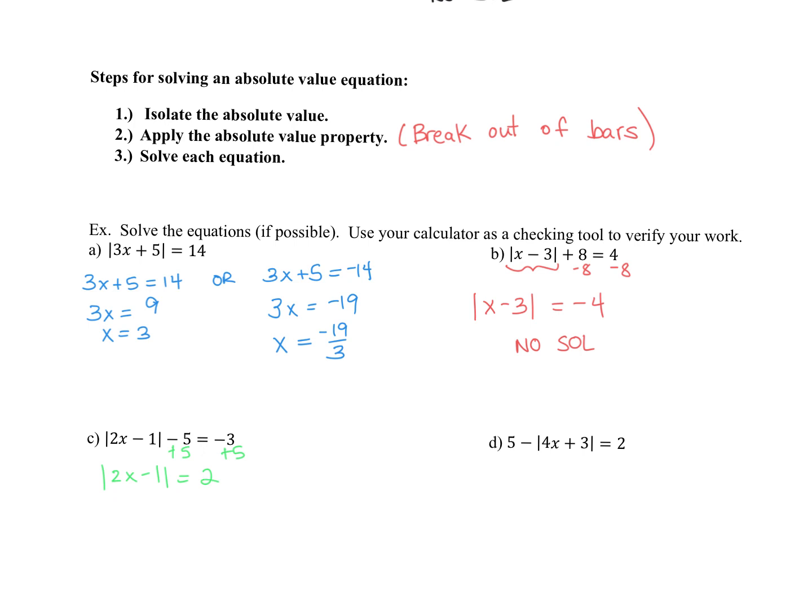Then we can break it apart. 2x minus 1 is 2, or 2x minus 1 is negative 2. This will give us 2x equals 3, or x equals 3 halves. And this second one will give us 2x equals negative 1, or negative 1 half.